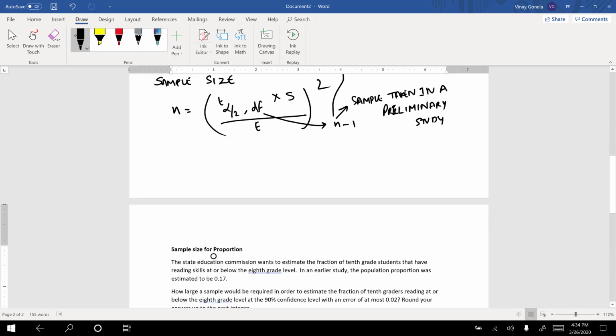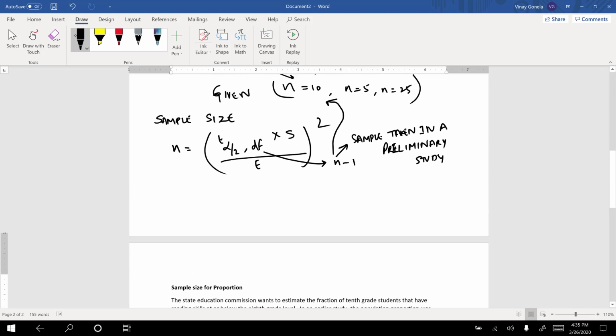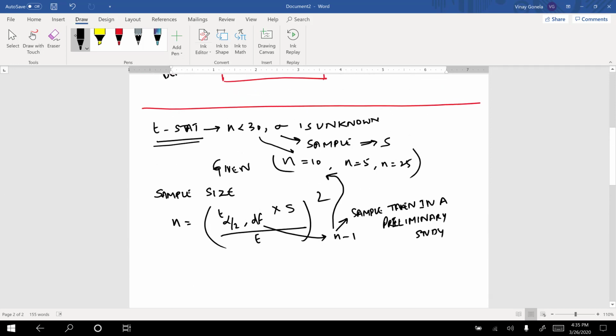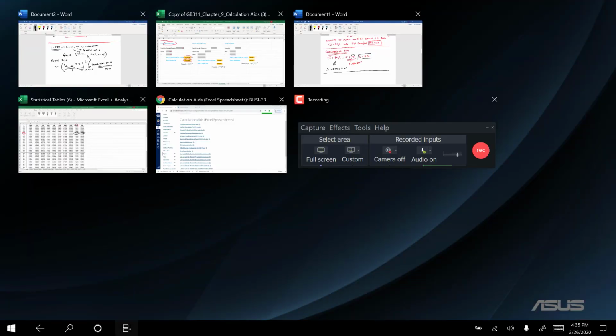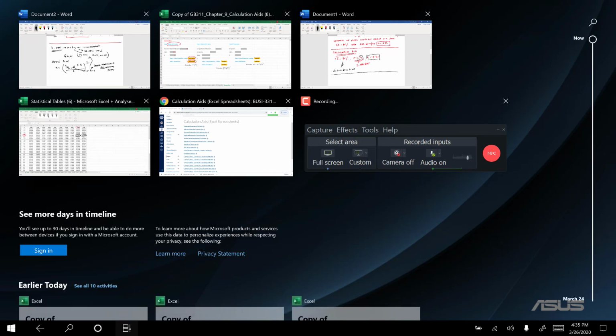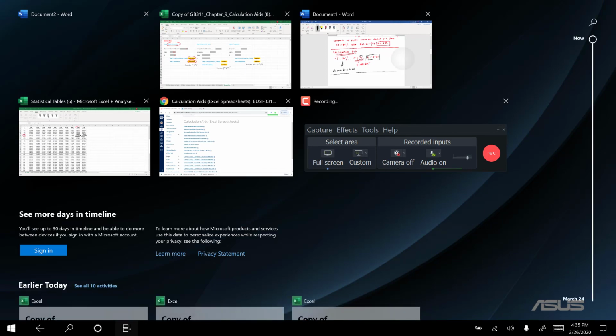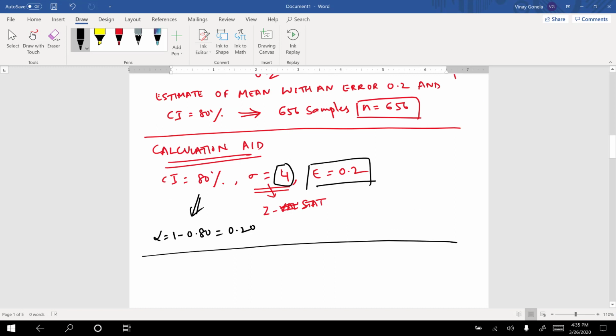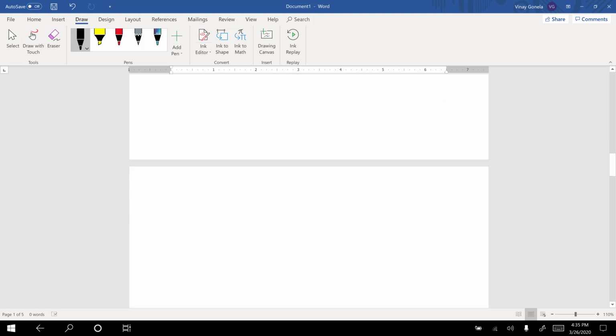I don't think you will find these kinds of problems in your Hawk's Learning, but we will try to solve one. I'll go to another document and look at how to solve the T stat formula.